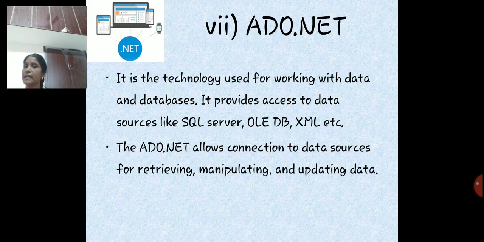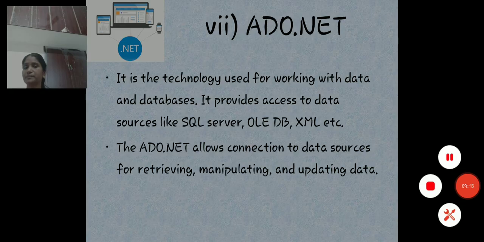And this is ADO.NET. Actually, ADO.NET is used whenever the .NET application works with databases. So, when the .NET application works with the database, it gets help from ADO.NET in order to connect with the database server. That's the way it uses SQL Server, OLEDB, XML, etc. When we talk about XML, XML is used when we create a web application.